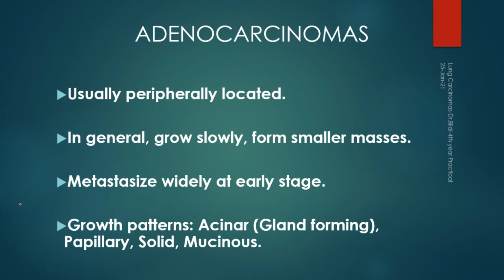They generally grow slowly and they widely metastasize at an early stage. The most common growth pattern of this variety of lung cancer is the acinar, that is the gland forming. Then there are other types like papillary, solid, and mucinous as well. This is the most common, and the most important for your exams.